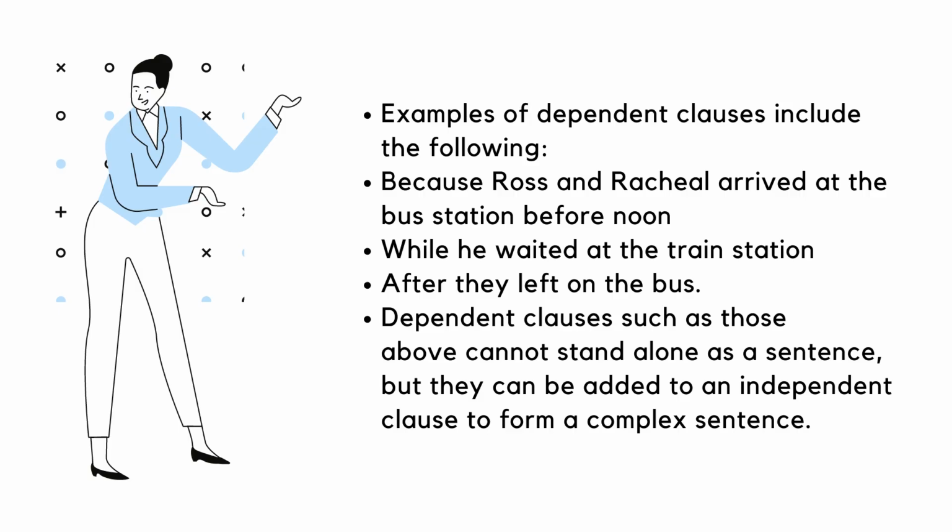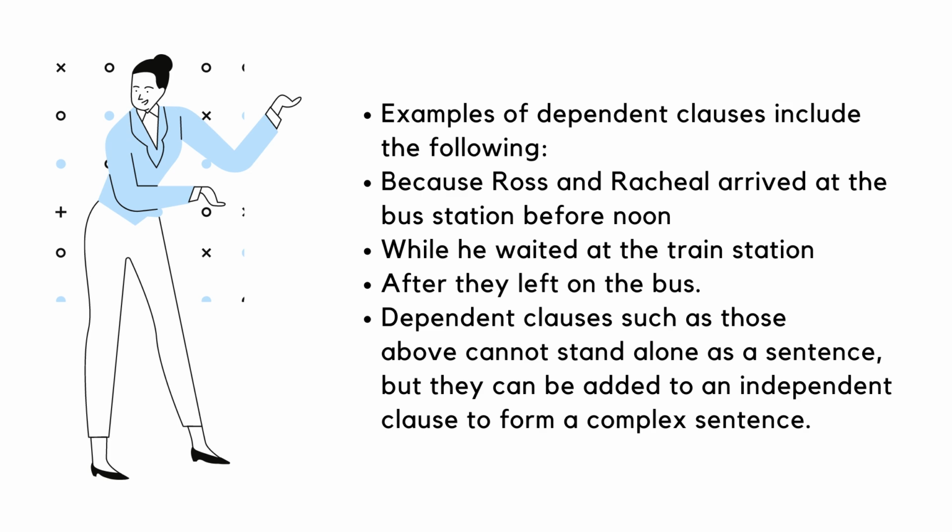Examples of dependent clauses include the following. Because Ross and Rachel arrived at the bus station before noon. Another one is while he waited at the train station. And the last one is after they left on the bus.